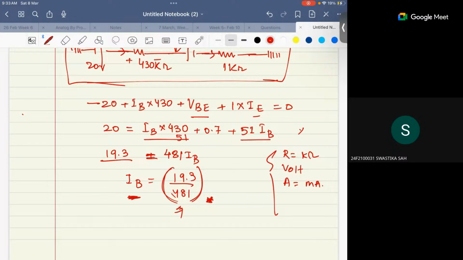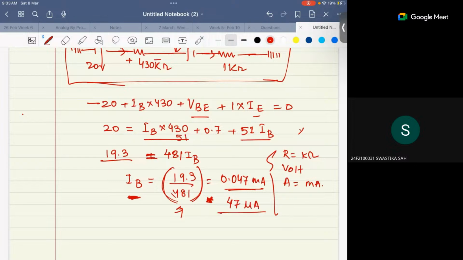Okay, let me do it. 0.047. So this was in milliampere, okay. But if you write it simply, it will be 47 microampere.